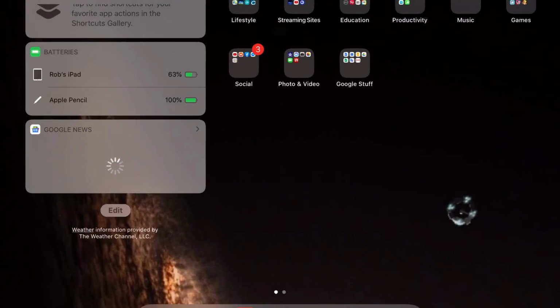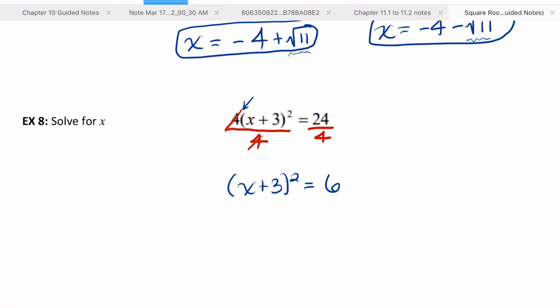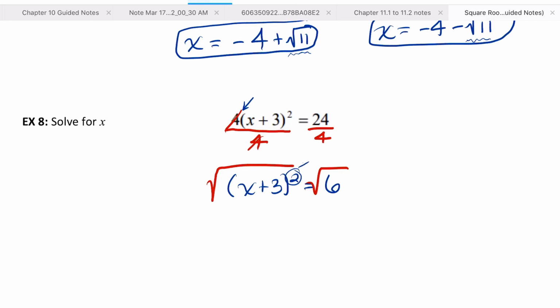And then on the right side it became 6. And now you can just take the square root of both sides. Now remember, the purpose of doing the square root of both sides is that it undoes the square. That 2 goes away.